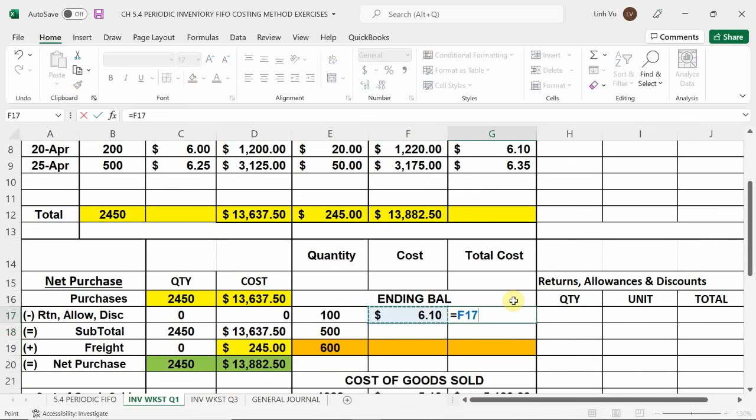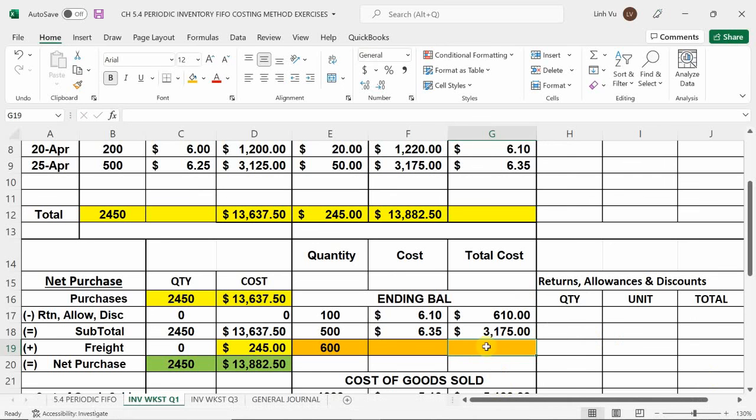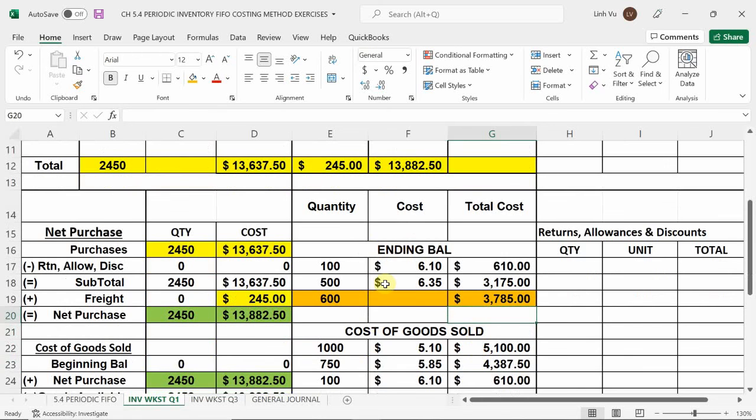So in this case, that's going to be my 610, and this right here is $6.35, which I know to be this much here. So if I add these two numbers together, this is going to give me a total of $3,785. So again, that's your ending balance.